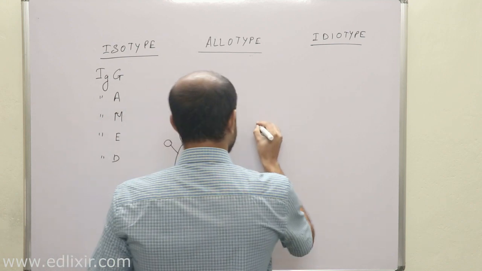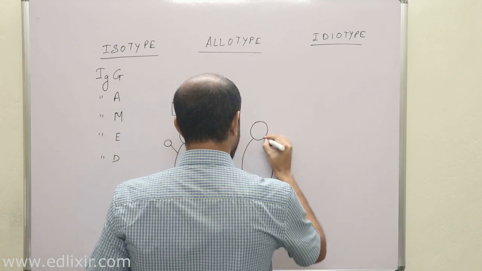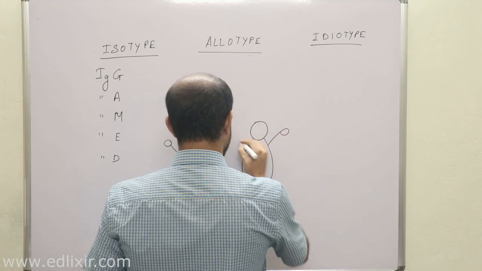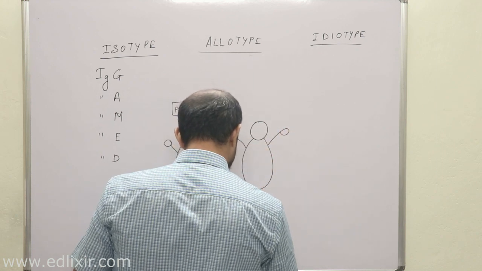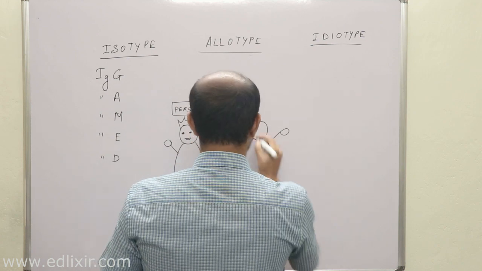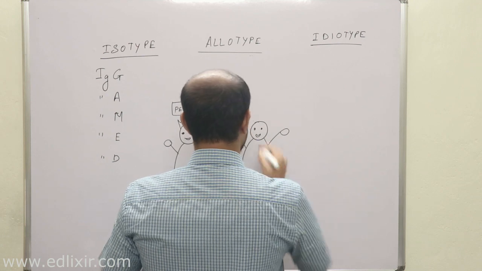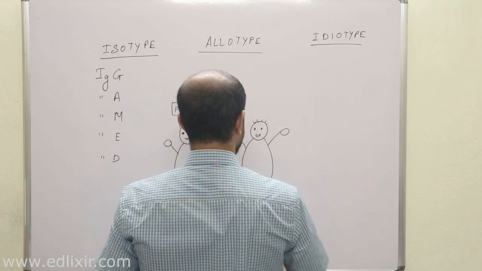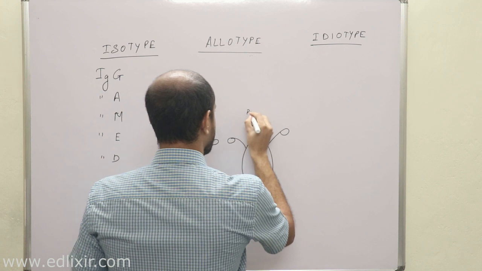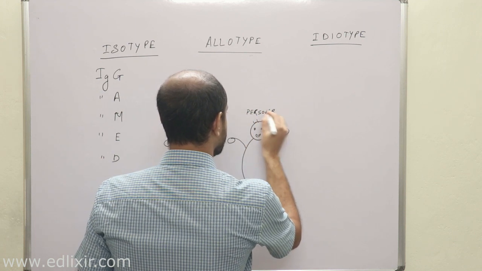And suppose this is another person. You know that all humans belong to the same species, right? Thank God you are educated enough to understand and reply. So this is person B.